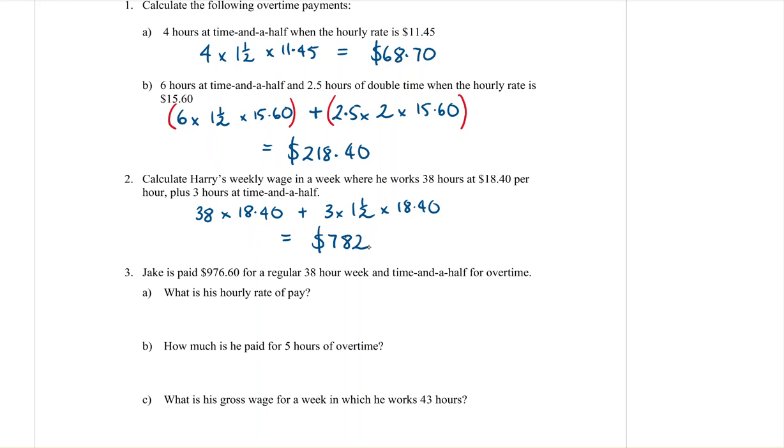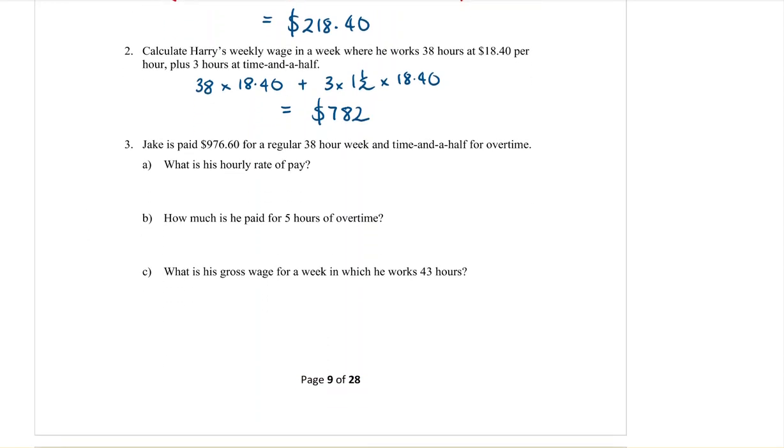Question 3. Jake is paid $976.60 for a regular 38-hour week. Okay, that's not a per hour thing. That's how much he gets for the whole 38 hours. Okay, he gets time and a half for overtime, and we have 3 parts here we need to answer.